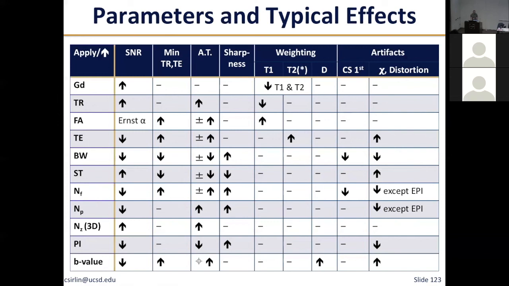What I tried to do today is, rather than go through this entire table in its entirety, pick off and show some examples of some of the more important relationships between imaging parameters and image quality. But I will not go over this entire table. It's too detailed, but it's there for you in case you want to study it at your leisure.